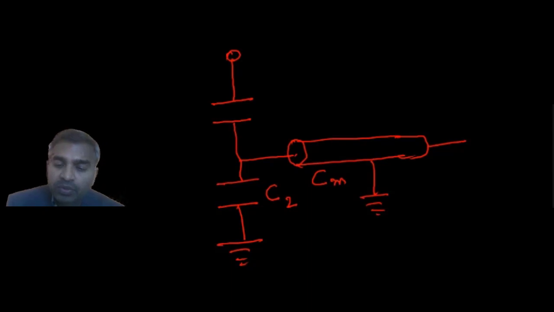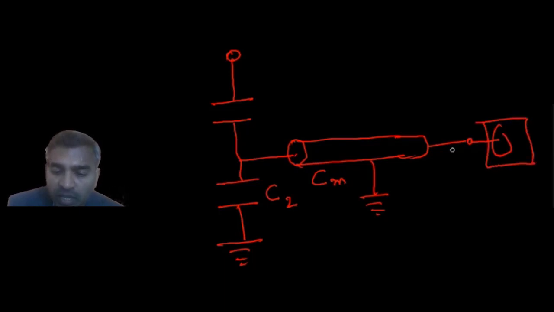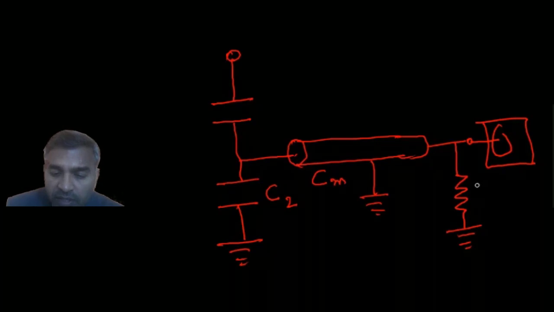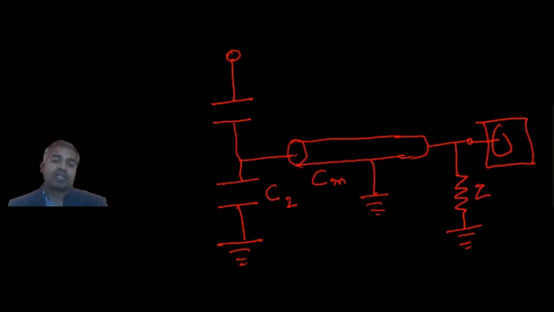But to terminate the cable and connect it to the oscilloscope, often a terminating impedance is used. So this complicates the problem, R or Z, whatever it is. So Z, if you say.